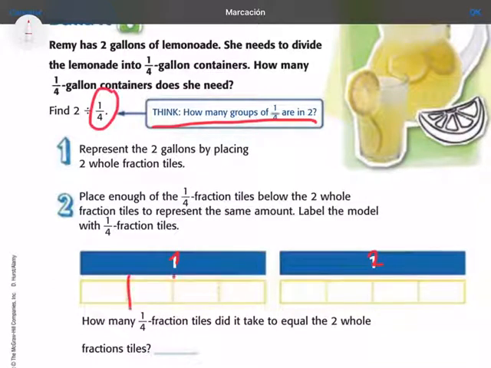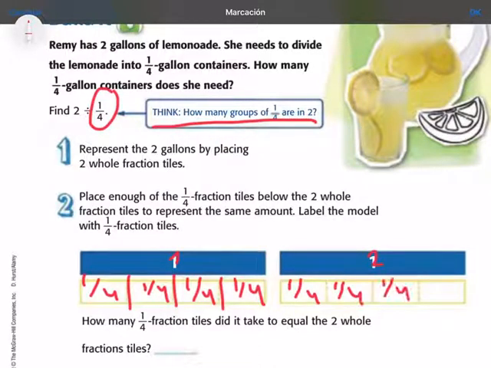4 pieces. Oops, sorry. And here we go. Quarter, quarter, quarter, quarter. And we do the same to the other whole number. Ready.